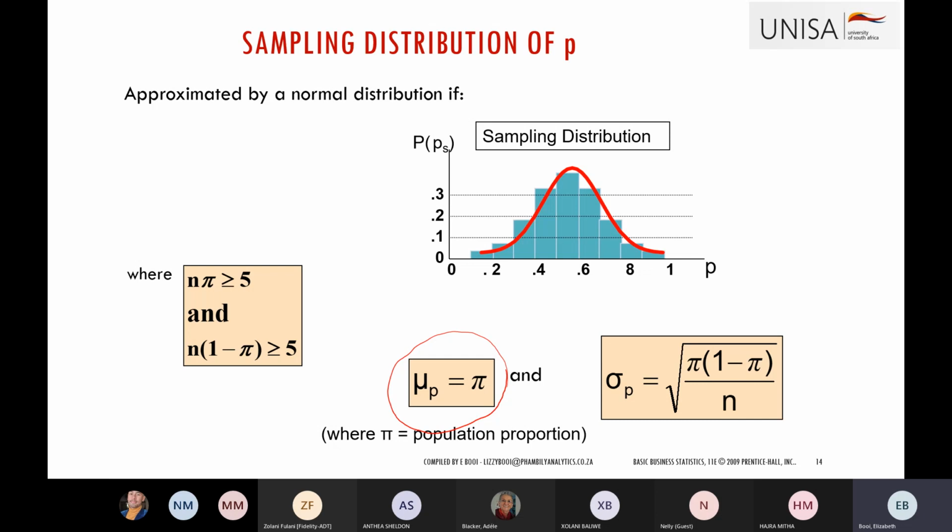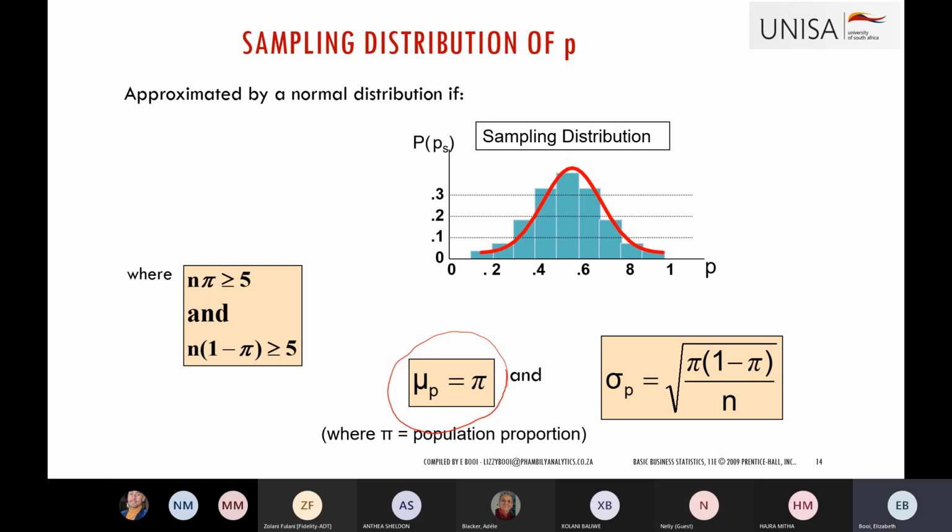The standard error that we will use when we calculate the Z value for the sampling distribution is given by the square root of your population proportion times 1 minus the population proportion, divided by n.